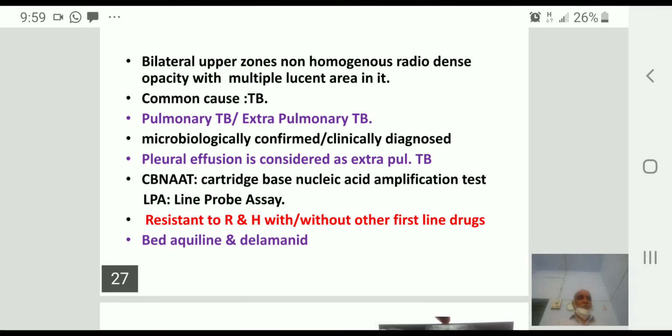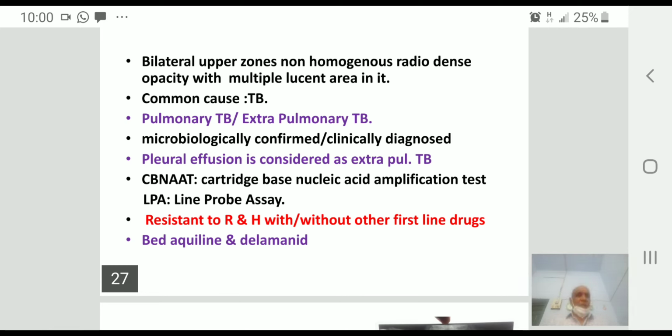CBNAAT only detects rifampicin resistance and diagnoses pulmonary TB, but by LPA we can diagnose TB and detect rifampicin and isoniazid resistance, so we can start treatment of MDR if detected early.